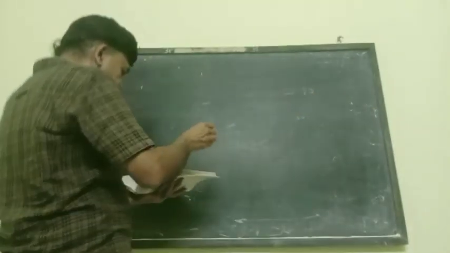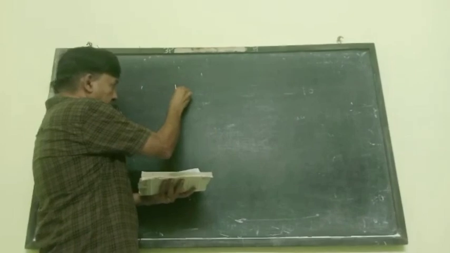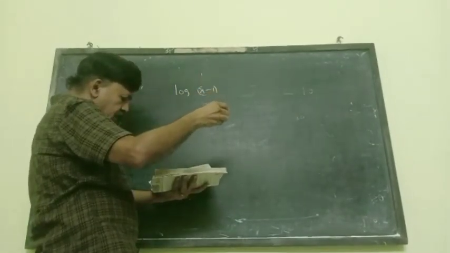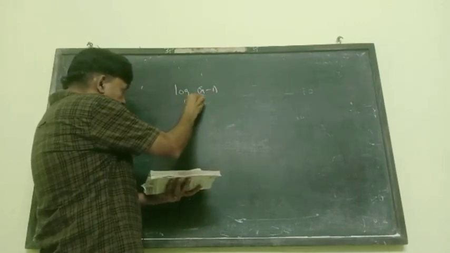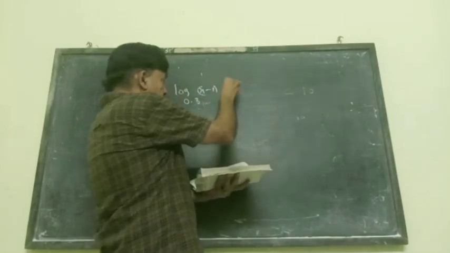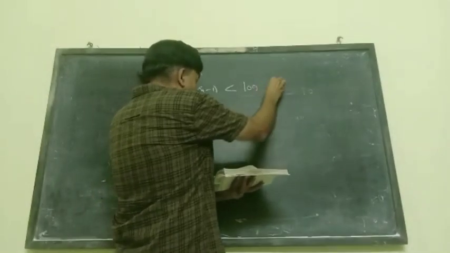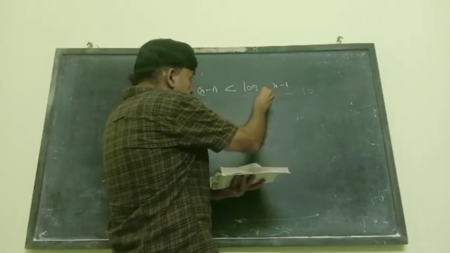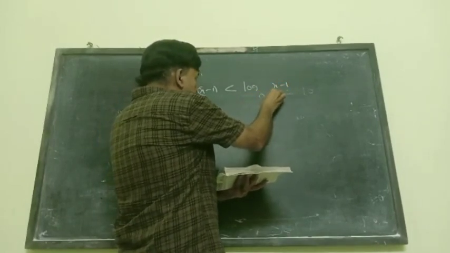So the next question is log x minus 1 to base 0.3 less than log x minus 1 to base 0.09.